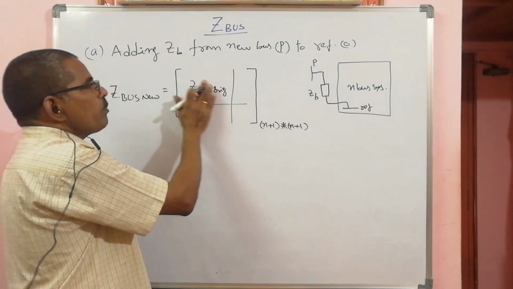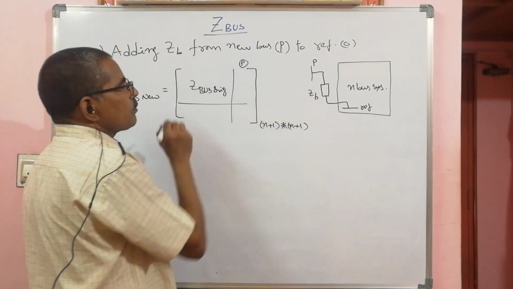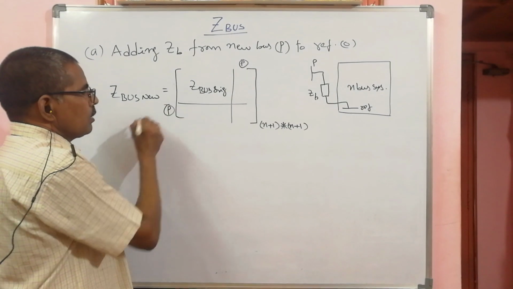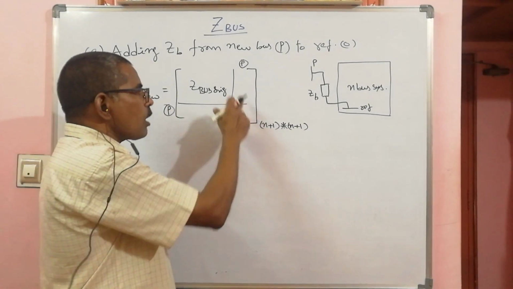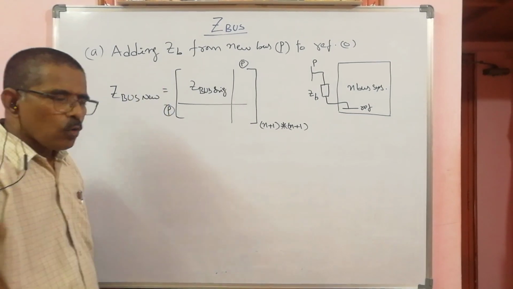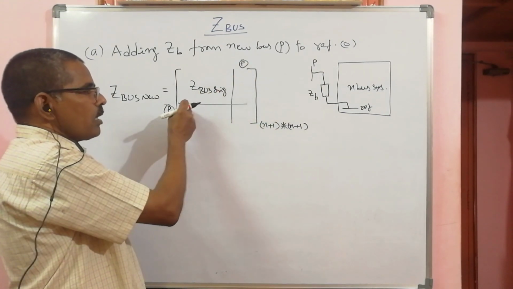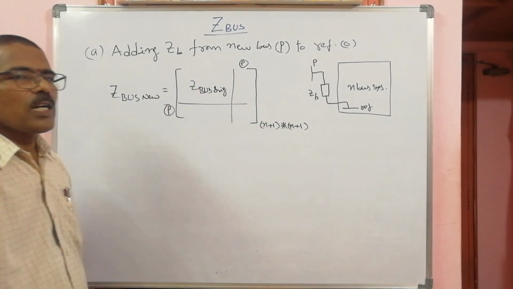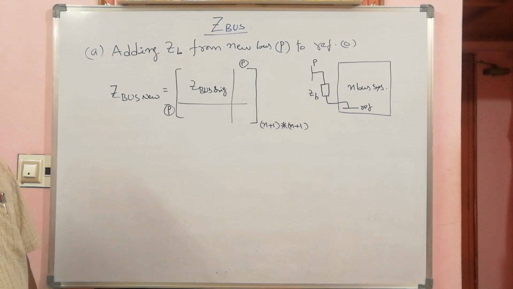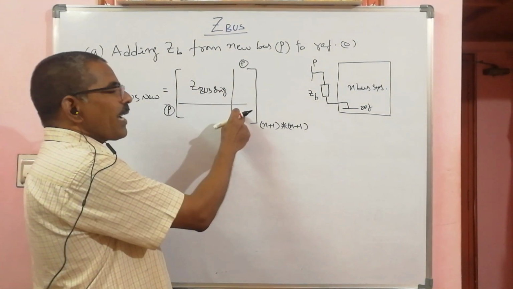So Z bus original will be as it is, and then you are adding this P extra bus. So you get one column and one row extra. Those extra column and row values, anyway you can follow symmetry. So whatever you are adding here, they appear because Z bus is symmetry. Zij is Zji.